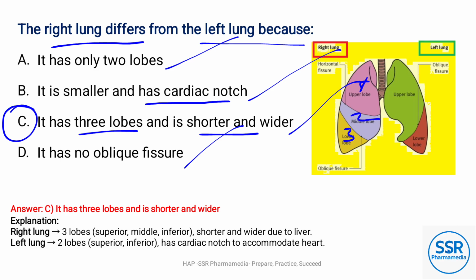It is shorter than the left lung and wider. So the right lung has three lobes, superior, middle, inferior, and is shorter and wider due to the liver present below. The left lung has two lobes, superior and inferior, and has a cardiac notch to accommodate the heart.